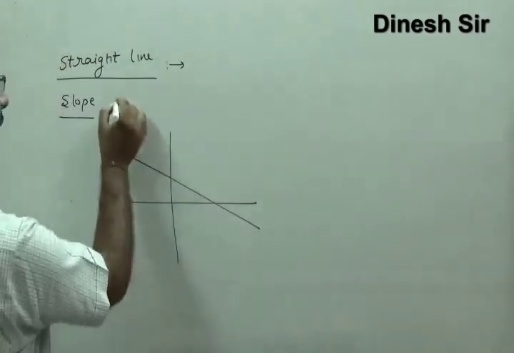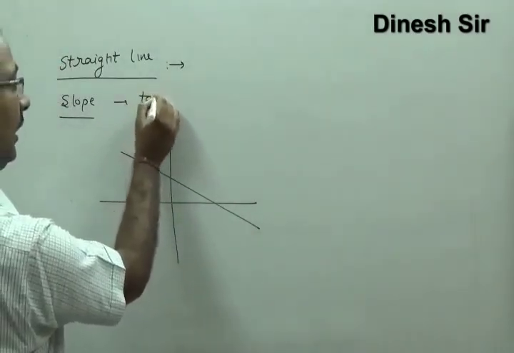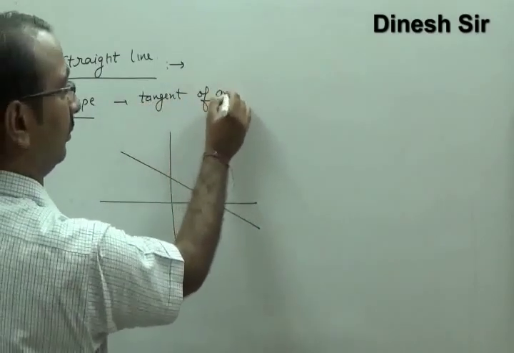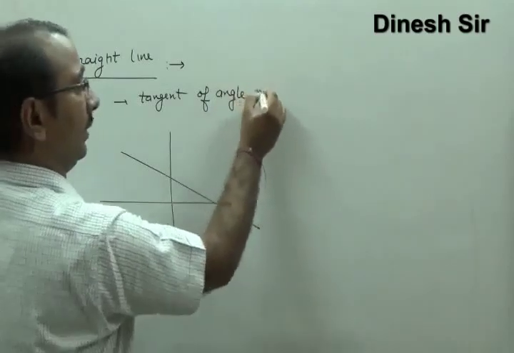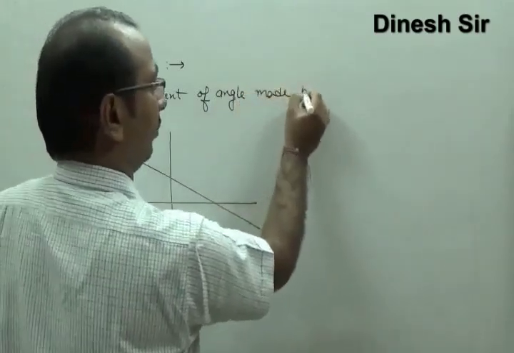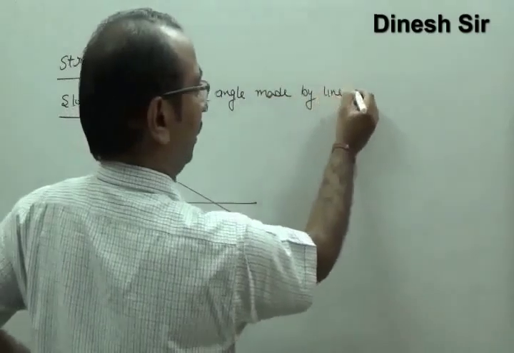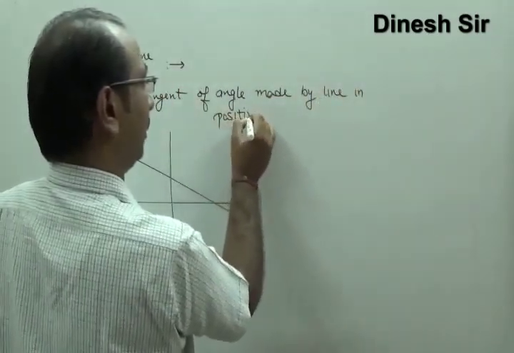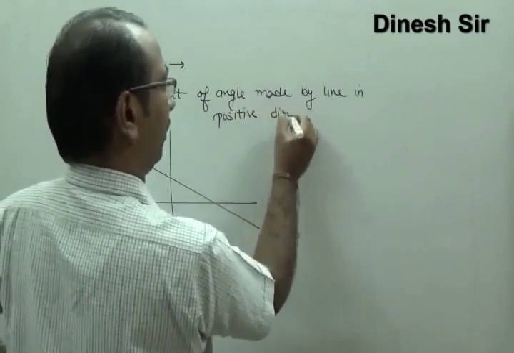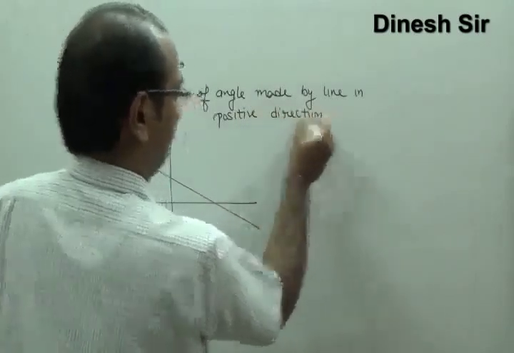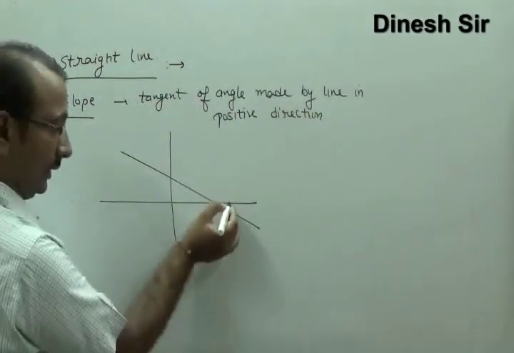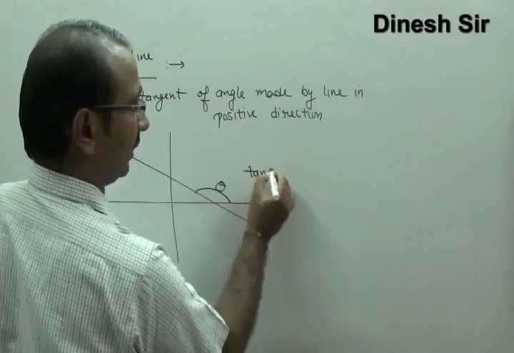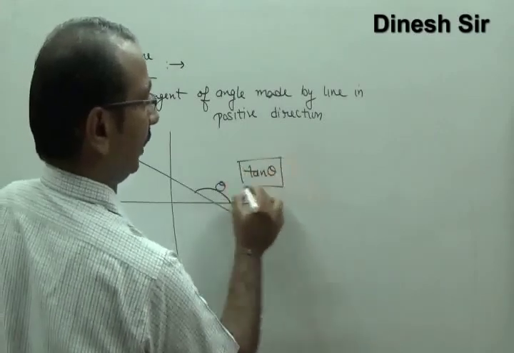Slope is basically the tangent of the angle made by the line in the positive direction of the x-axis. This line is there, we take this angle as theta, and the tangent of this angle, that is tan theta, is said to be the slope of the line.